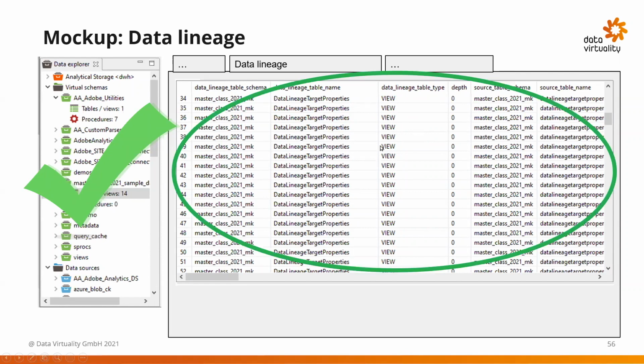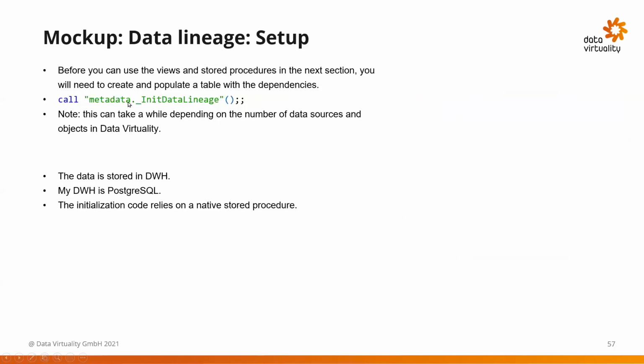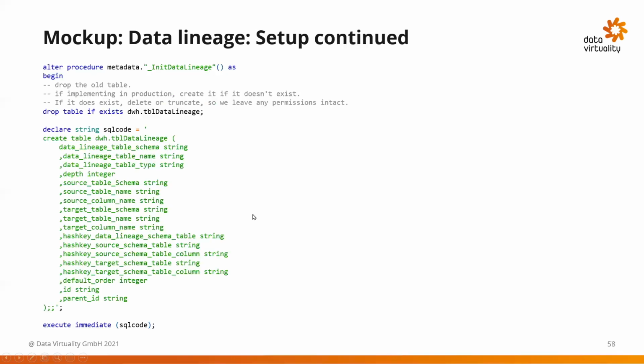So let's focus on this next and where we're going to get this. Again, you have to call the stored procedure initialize data lineage. One of the things you'll notice is that the data lineage data is stored in the analytical storage, and my analytical storage is Postgres, and this initialization code relies on a couple of native stored procedures.